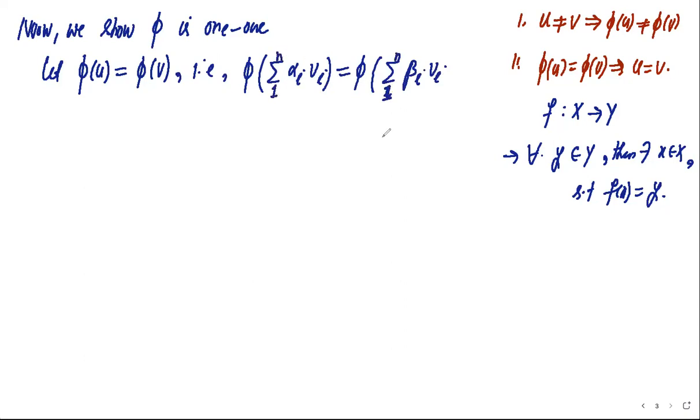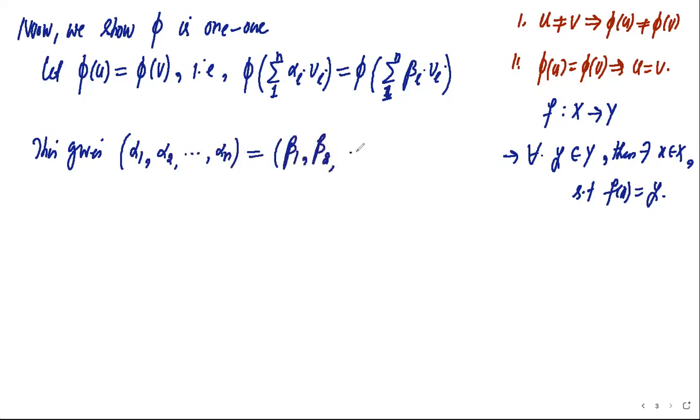So by definition, this mapping pi of alpha I vi is equal to alpha 1, alpha 2, so on alpha n, and this is equal to beta 1, beta 2, so on beta n.